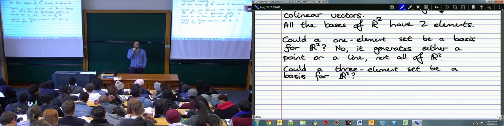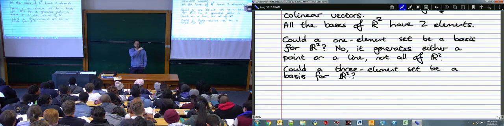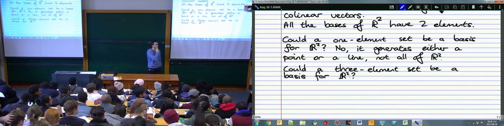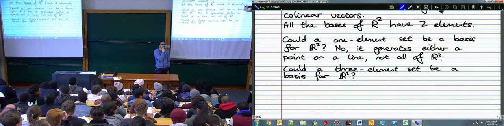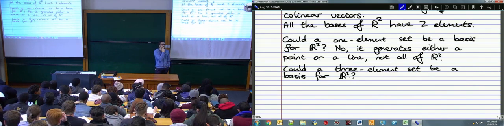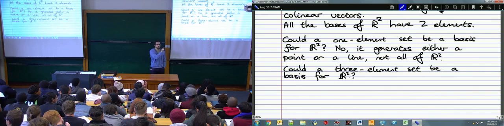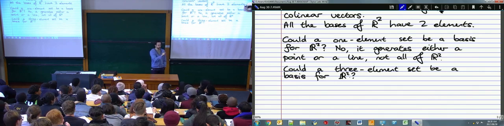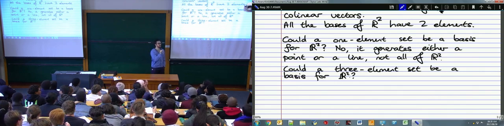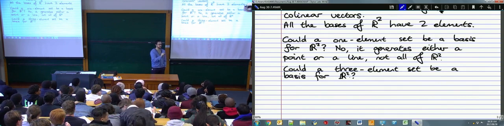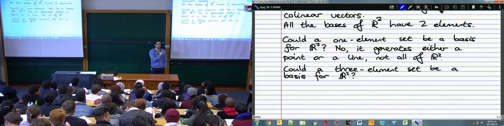Any suggestions on this? No, someone else. For some three-element sets, it could generate R2, but it could also generate R3. Okay, so you're right that it could generate all of R2. So the three-element set is not going to fail to be a basis because of problems with what it generates. But it might fail to be a basis in some other way.